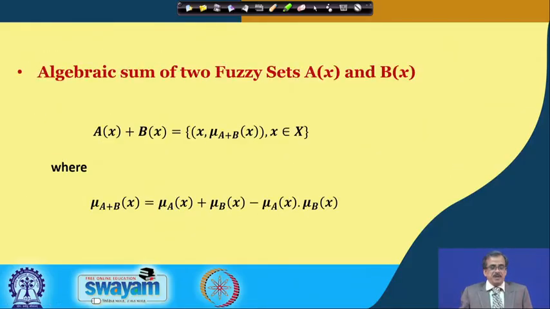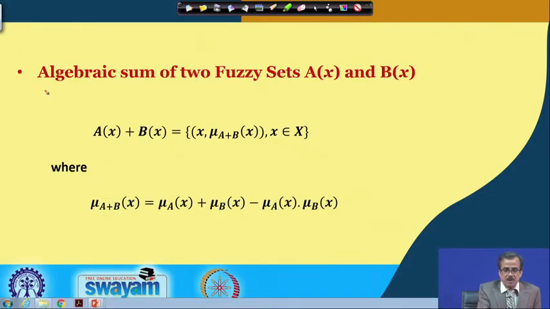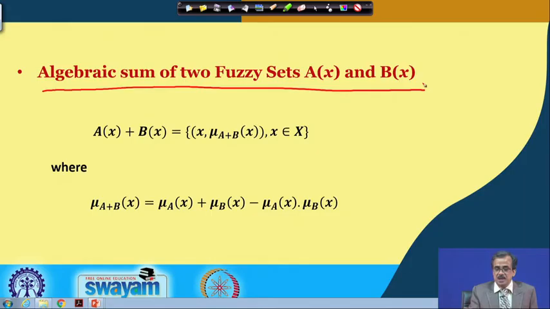Now, I am just going to find out how to find out the algebraic sum of two fuzzy sets. Say I have got two fuzzy sets A x and B x defined in the same universe of discourse.